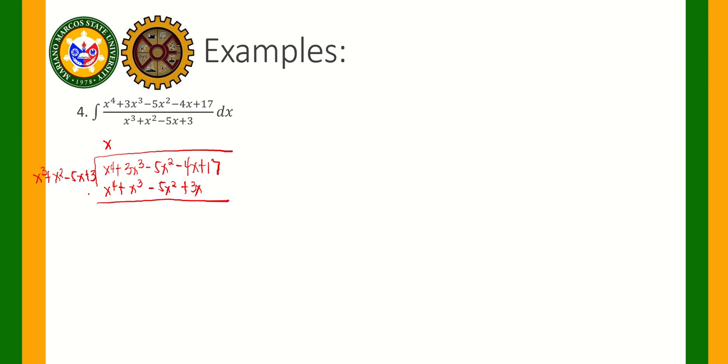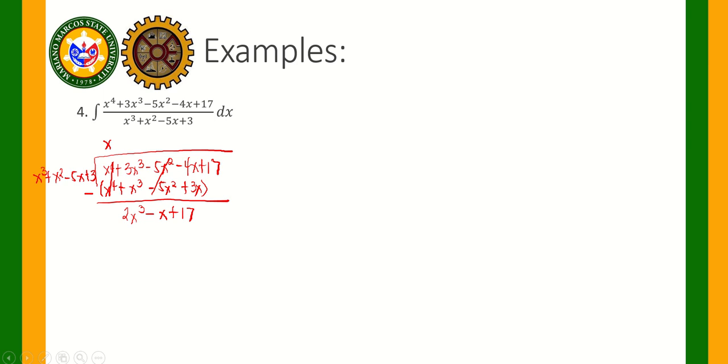So, we subtract this one. Okay, so we subtract, x to the 4 minus x raised to 4, that is 0. 3x cubed minus x cubed, that is 2x cubed. Negative 5x squared minus minus, that will be plus, so this will cancel also. And then negative 4x minus 3x, that is equal to negative x and then plus 17.